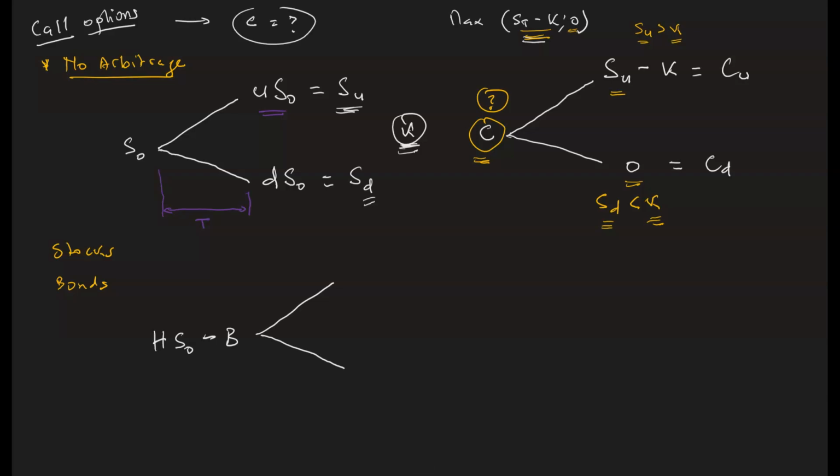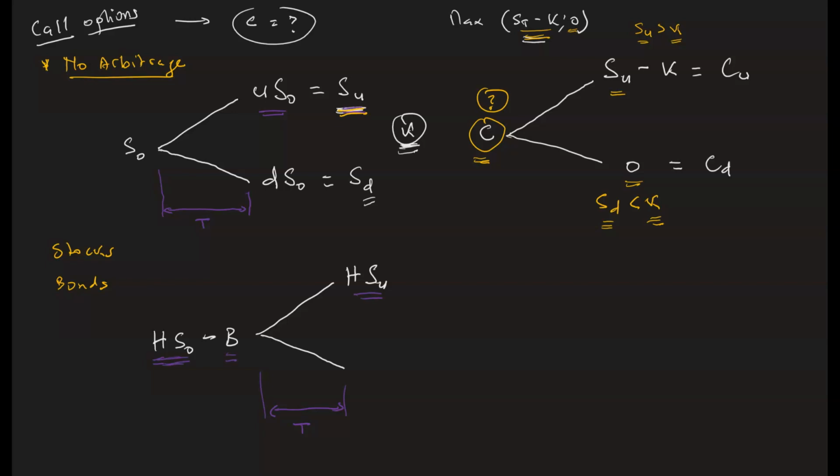If the stock goes up, we're still going to have H stocks, but the price for each one of the stock is now going to be S up, right? Because now we are here and we're still working with a period of time T. We have H stocks. Each stock is worth now S up, so the future value of just the stock component is going to be that.